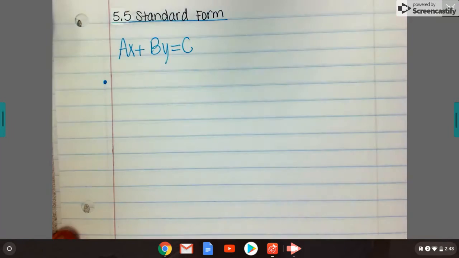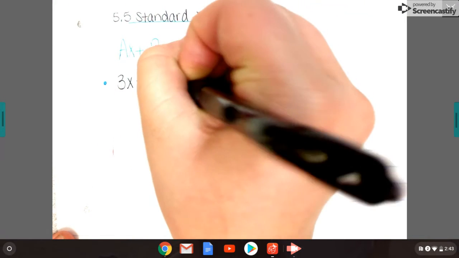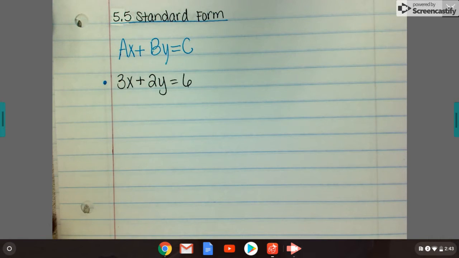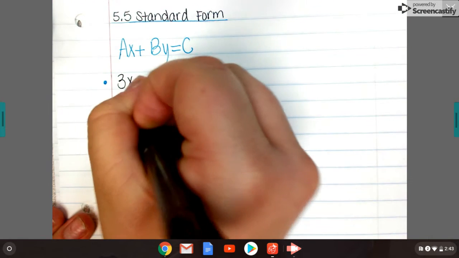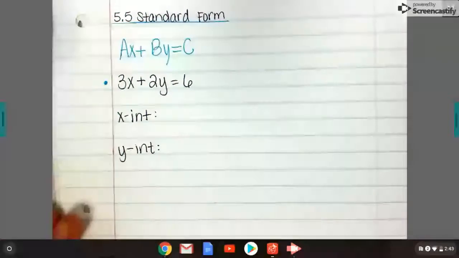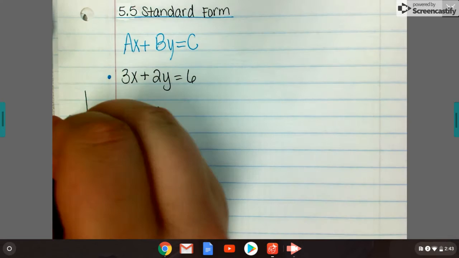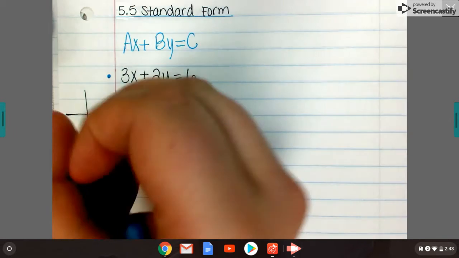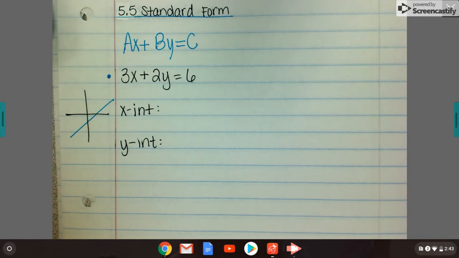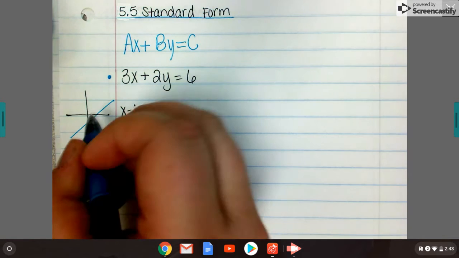So here's my first one. If I had 3x plus 2y equals 6, I'd like to find both the x-intercept and the y-intercept. Let's think about what our graph would look like for a moment without graphing it. Say I had a line. The x-intercept is where the line crosses the x-axis.